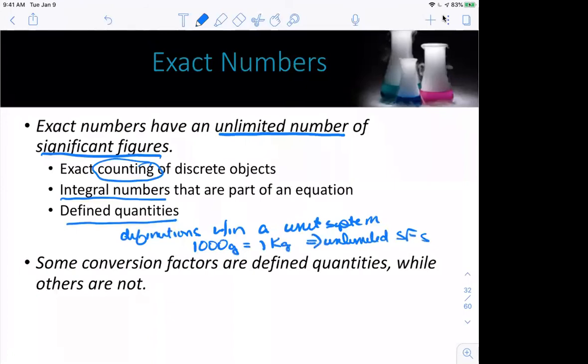Now, some conversion factors are defined quantities while others are not. If I go from English to metric, one of those has to be measured and one will be defined. It depends on what conversion factor I'm actually using.